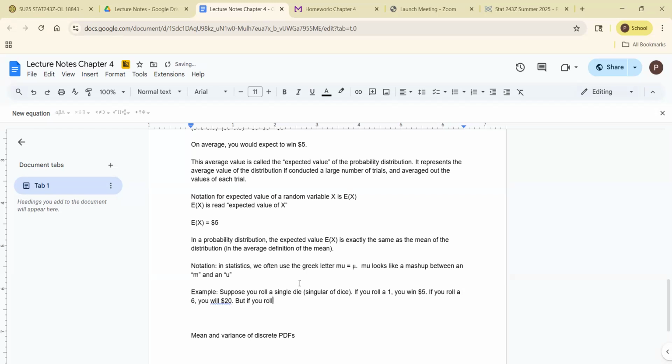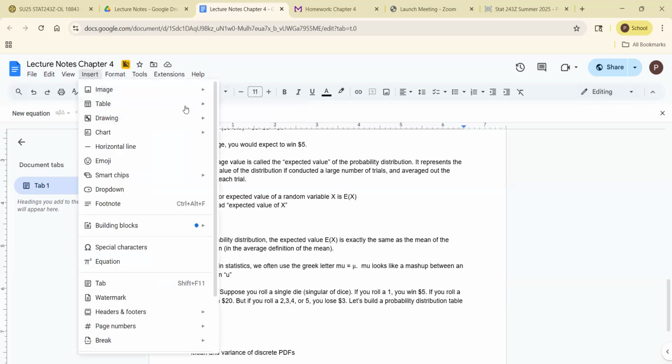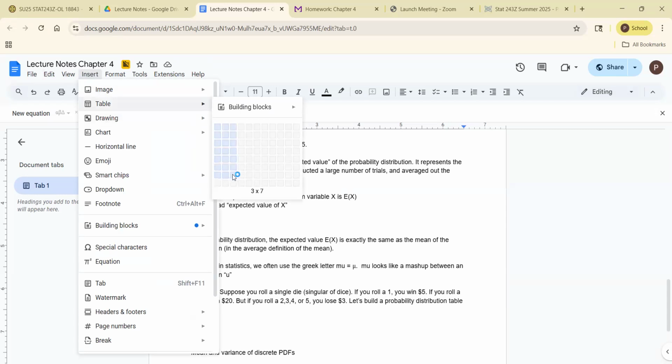But if you roll a 2, 3, 4, or 5, you lose $3. Let's build a probability distribution table. Let's insert a table. We're going to have 6 outcomes.